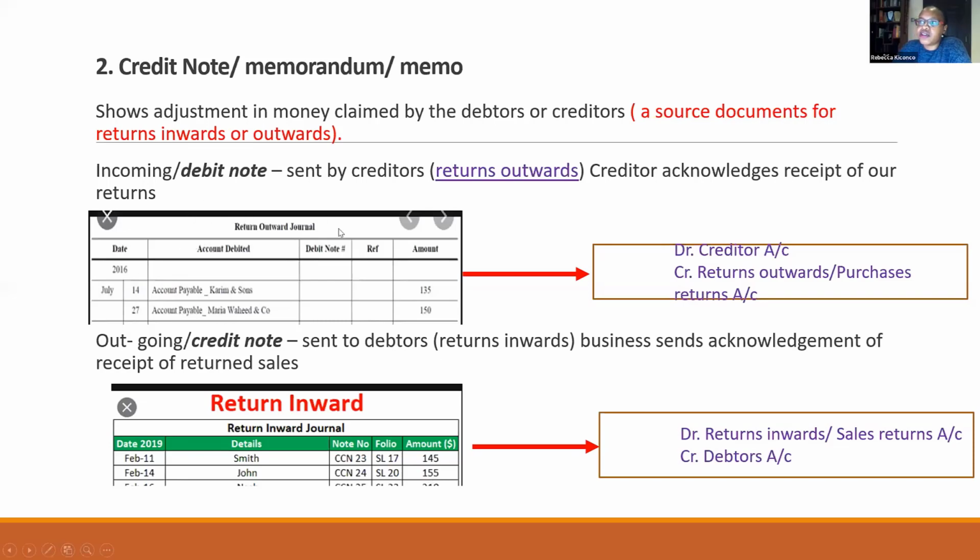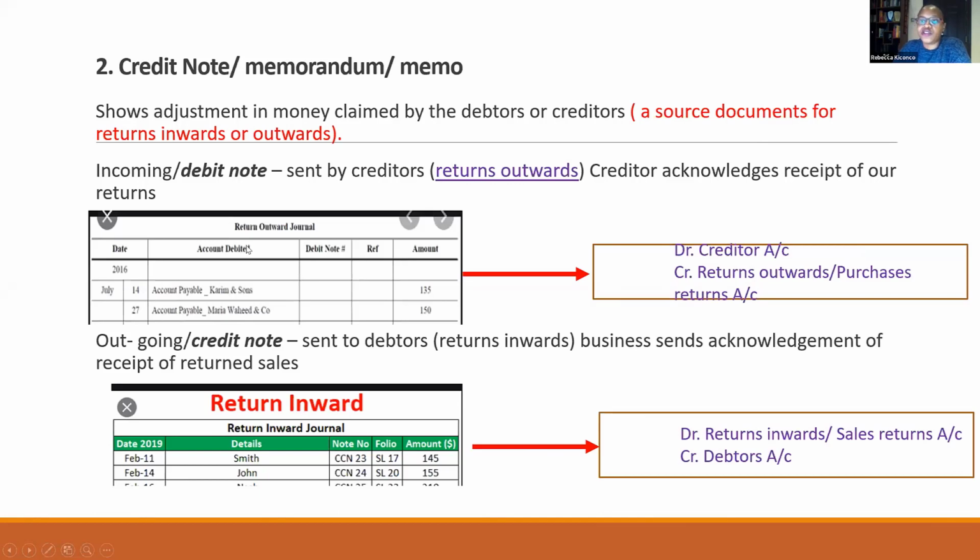For the returns outwards journal or the purchases returns, we still have dates. We have the account that will be debited. Remember, these are our creditors. So for example, the account payable or creditor called Karim and Sons is going to be debited, because this particular account is going to reduce.